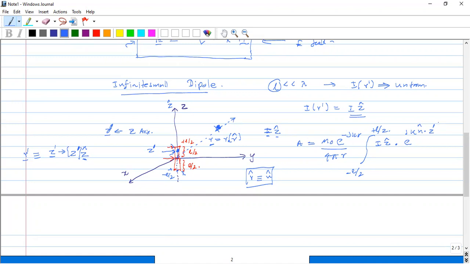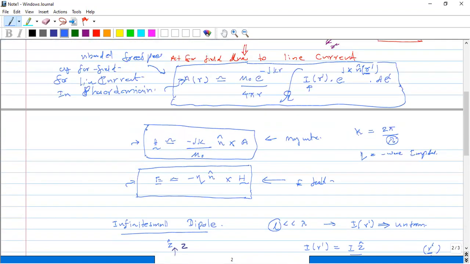So this is nothing but r dash bar, a vector. These are not vectors, these are just distances from here to here, so the bar is not there. But here you have to put the bar, because this is a vector.